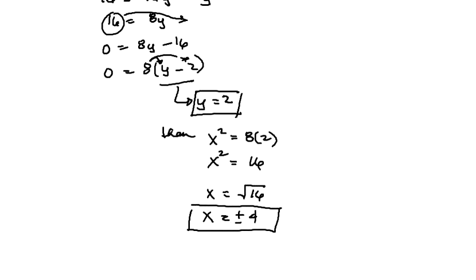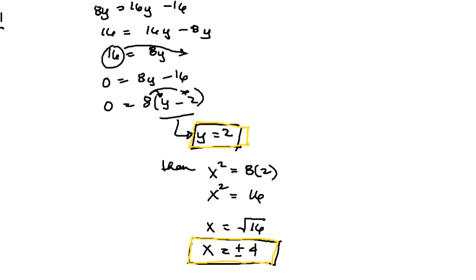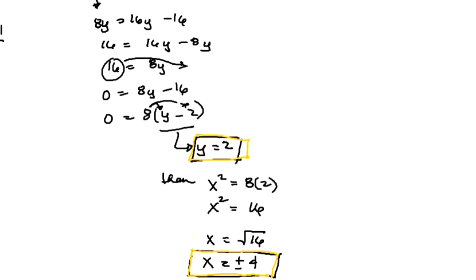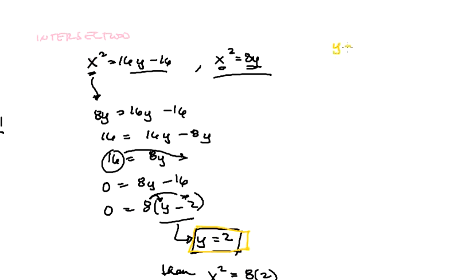Therefore, we have these important points or coordinates. Let me rewrite all of our important points. We have y is equal to 2.